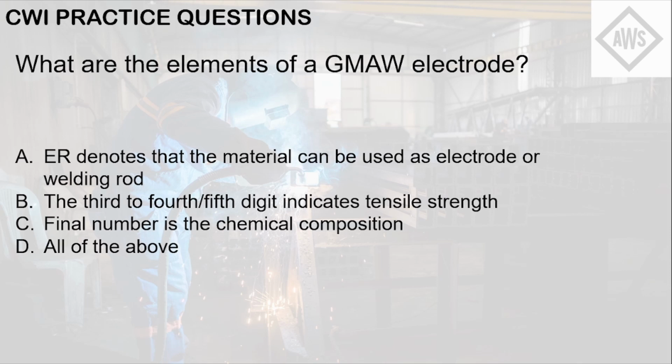And the final number, similar to the SMAW electrode, is the chemical composition of that GMAW electrode. So the answer here is letter D. All of the choices are accurate in terms of the elements of a GMAW electrode. Normally the electrode designations are common in the CWI exam, so you have to be familiar with those questions and in the naming of these electrodes.